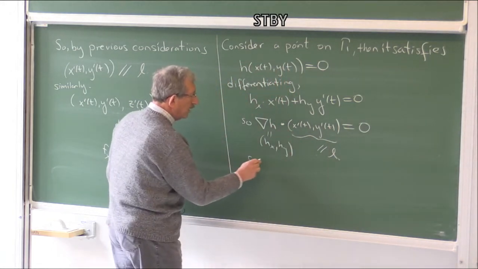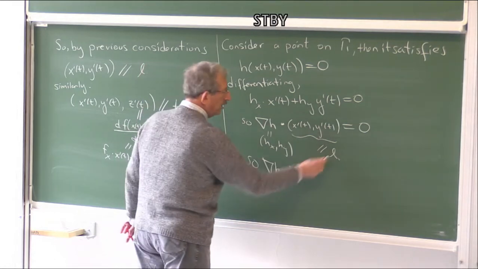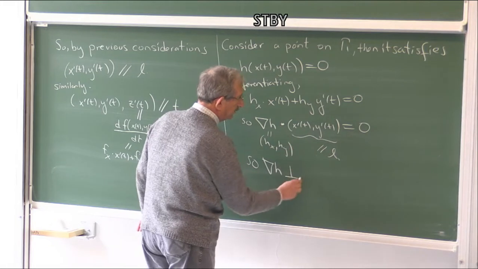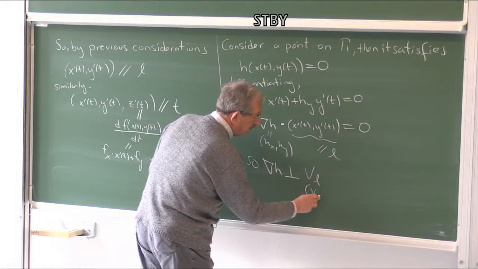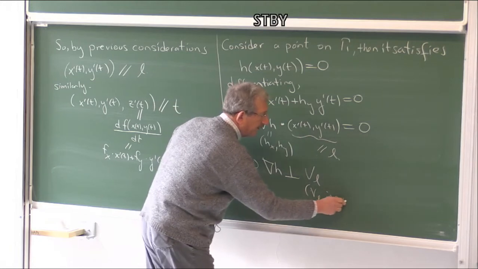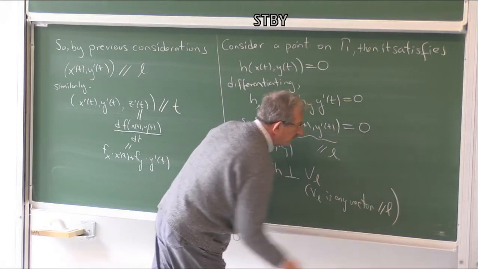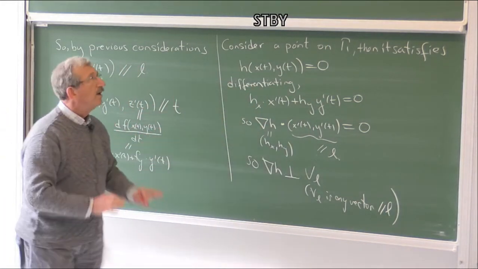So gradient H is always perpendicular to L, or any vector parallel to L. Okay. V L is any vector parallel to L. Now this is always true for a curve, a nice curve in plane.